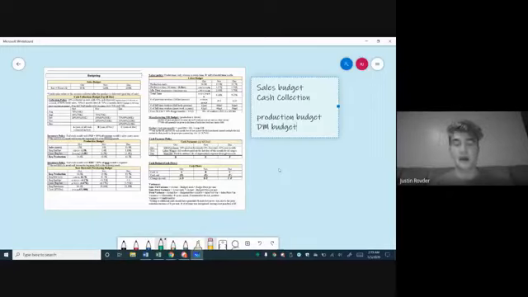So how much do we need to buy in materials for each month? Then we're going to do a labor budget. So how much labor do we need to buy each month? And then overhead budget. So how much overhead are we going to incur each month? So again, these are the three costs, and they're based off of this production budget.